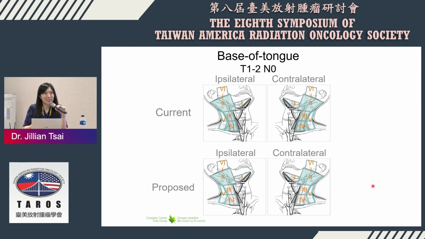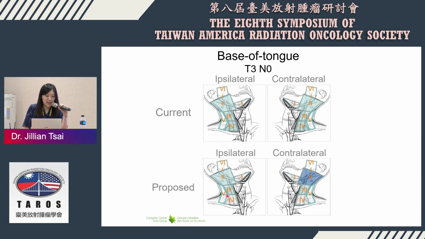So this is not yet the standard, but I think it will be very soon, that you don't need to cover the whole lymph node chain, both sides. But I know that for these patients, most of them probably go to surgery, right? We don't treat them. Okay, so what about T3 N0? Traditionally, definitely treat bilateral 2 to 4.